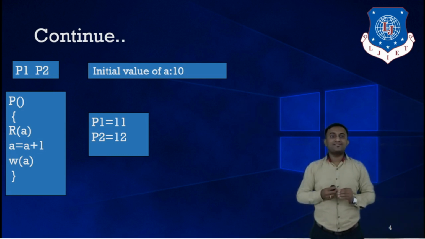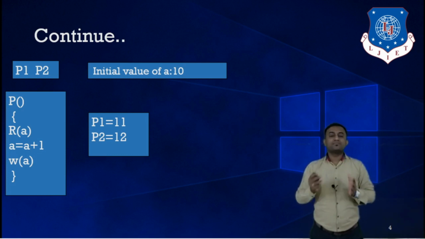Now what is the initial value of A in this case? Once P2 starts its execution and reads the first instruction, read of A, the value of A would be 11. It will then be incremented by 1, and the final value of A after the P2 process would be 12.